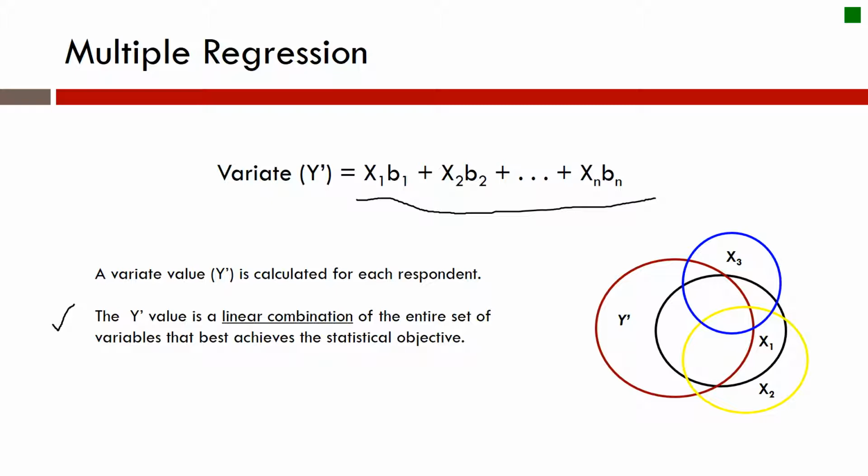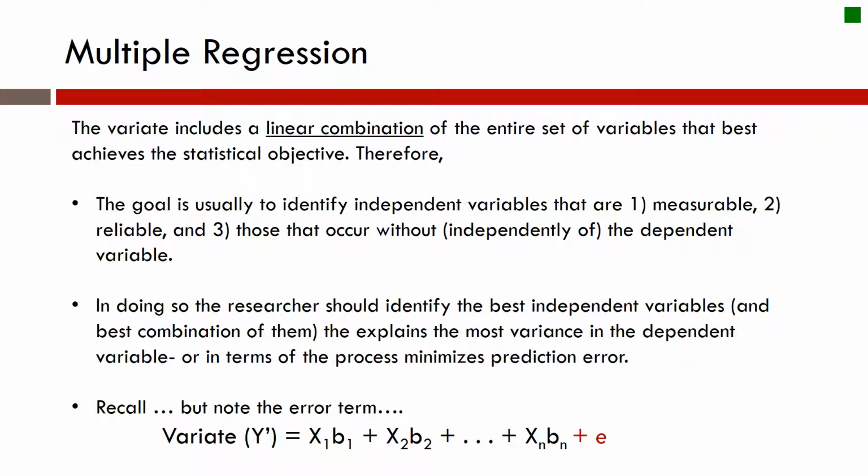So we have our y, which is again the variate, and then we have a series of x's which serve to create the predictive model that helps predict the variance that is observed in y.